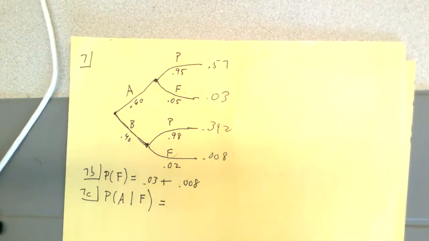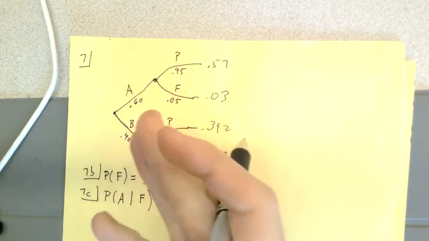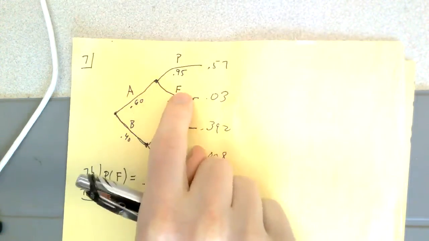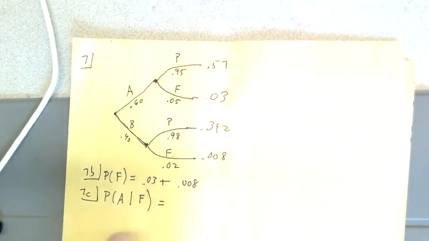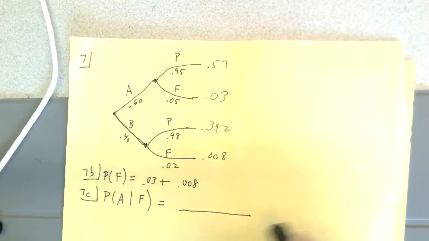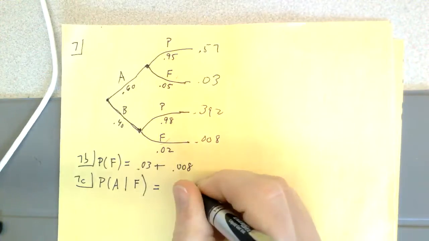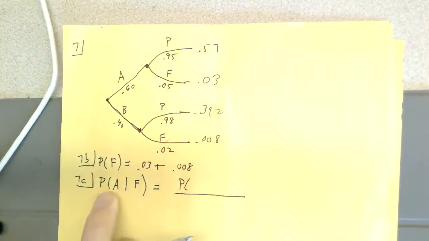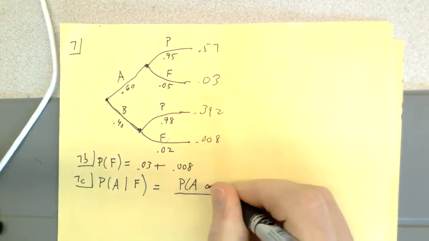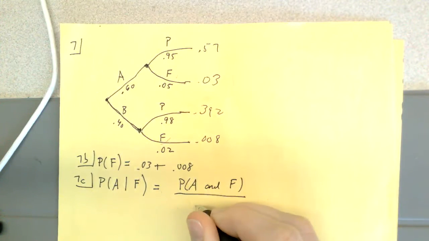Well, that of course is a backwards conditional problem, right? The tree diagram as it's set up is sort of set up so that passing and failing depends upon which machine, but here the conditionality is reversed, which means you need to use your conditional probability formula. So the probability of one thing given another is the probability of both things divided by the probability of the given thing.